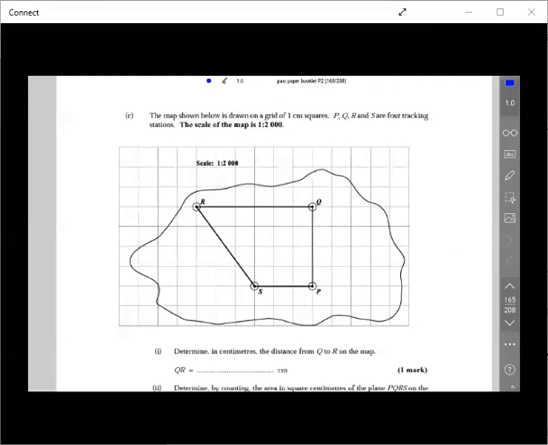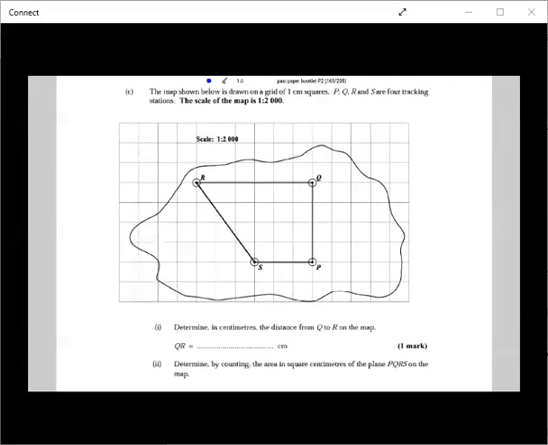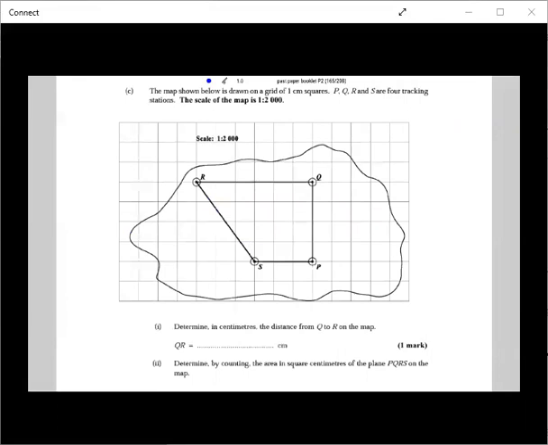All right, so the C part of the question now says, the map shown below is drawn on a grid of 1 centimeter squares. PQRS are 4 tracking stations. The scale of the map is 1 to 2,000.